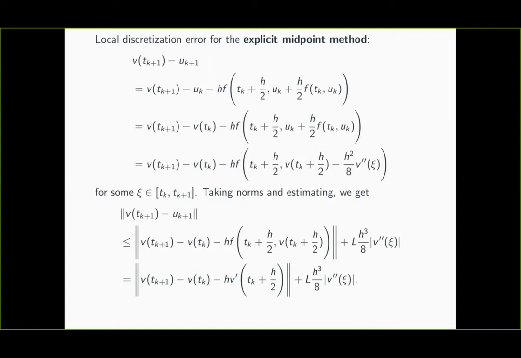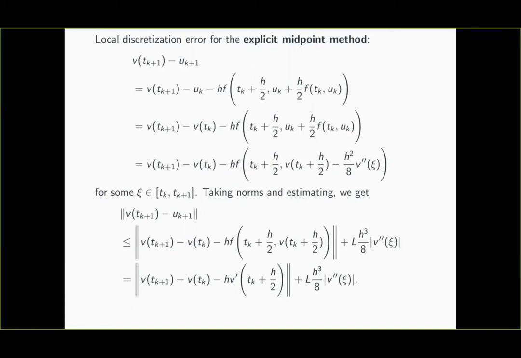And that can be bounded from above as follows, namely by the magnitude of v(t_k+1) minus v(t_k) minus h times f at t_k plus h over 2, v(t_k plus h over 2). And then using the continuity condition of f, we get the additional term plus L times h cubed over 8 times the size of v''(psi).